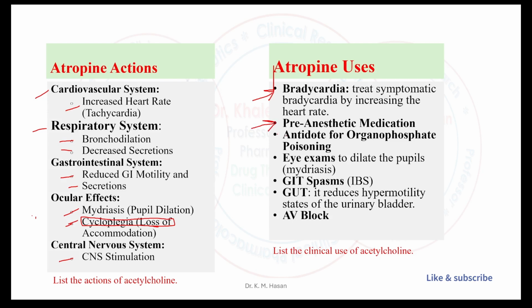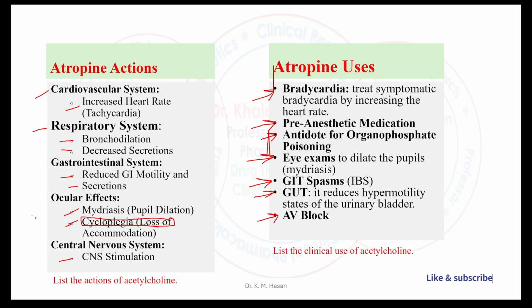We use atropine as an antidote for organophosphate poisoning. We use atropine for eye examination to induce mydriasis. We use atropine for patients with gastrointestinal spasm. We use atropine for patients with overactive bladder. We use atropine for patients with atrioventricular block.